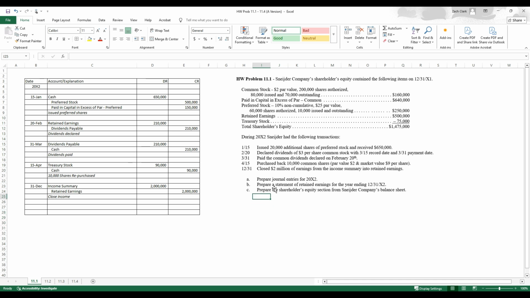Now we want to prepare a statement of retained earnings for the year ending 12/31 X2, this year, essentially. And so remember, when we're going to pull in retained earnings type transactions, I'm going to pull in an example.